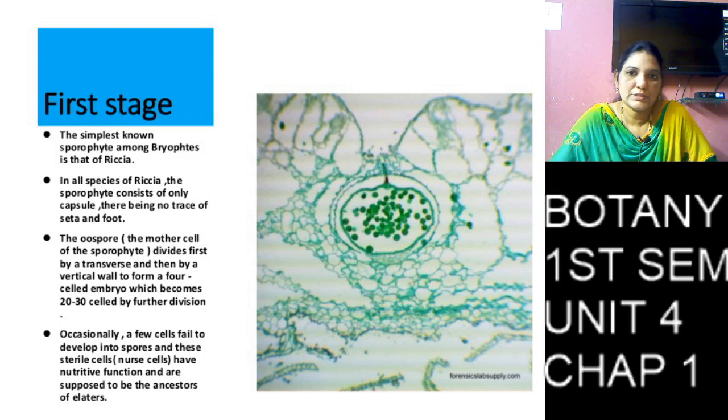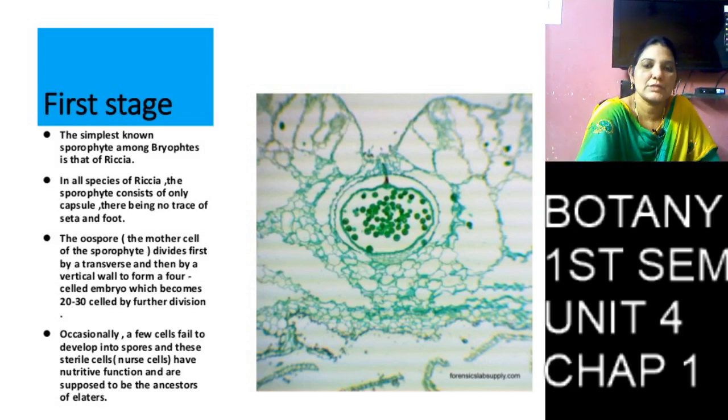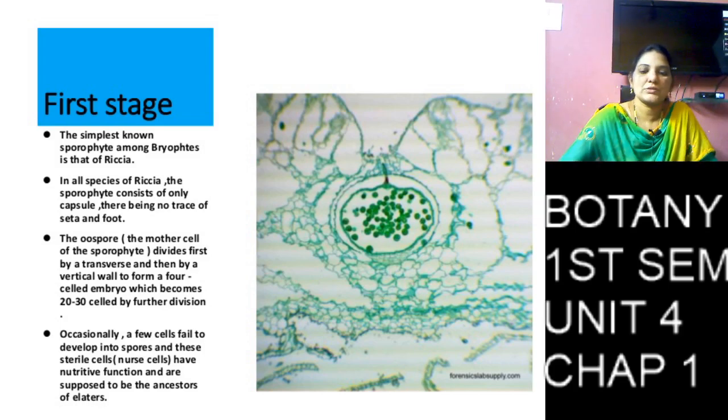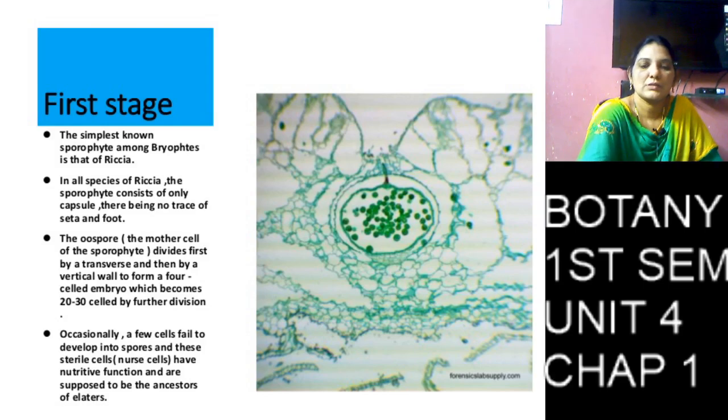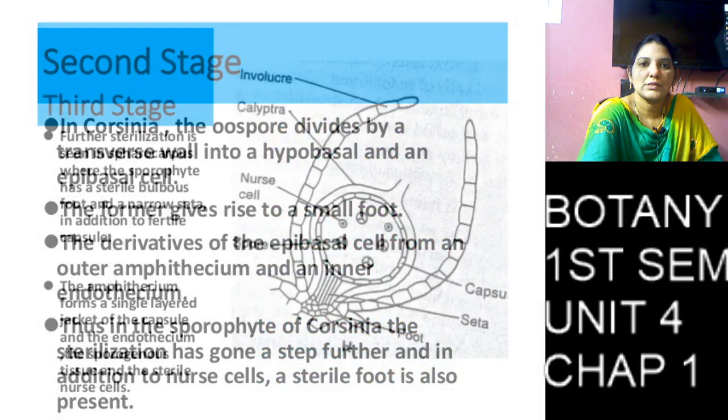Foot absent here, seta absent here, columella absent, epidermis, stomata, columella, pseudo-elaters, peristome teeth, epiphragm, diaphragm, total characters reduced here. So only the capsule, one round-shaped structure of the capsule, present here. So this is the reduction theory.